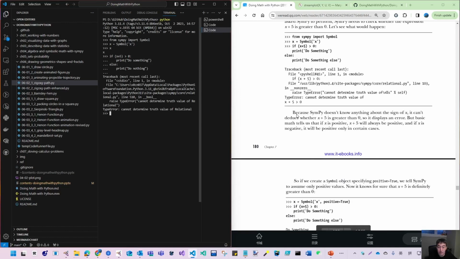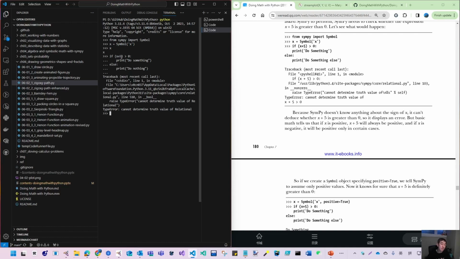What's the reason? SymPy doesn't know anything about the sign of x, because we only define x as our symbol. But is x equal to 1, or 100, or negative 100? If it's negative 10 or negative 100, x plus 5 is still negative, so it's less than 0.